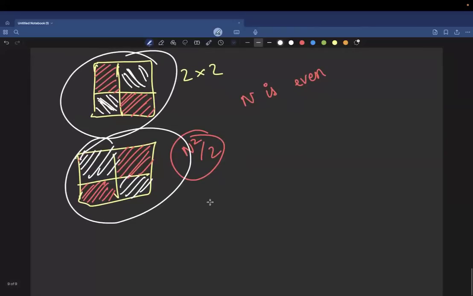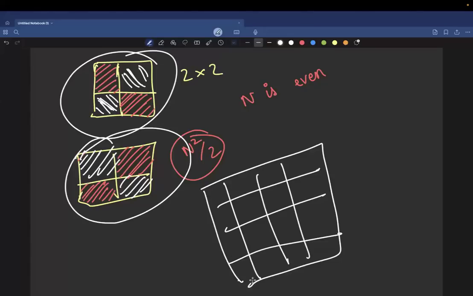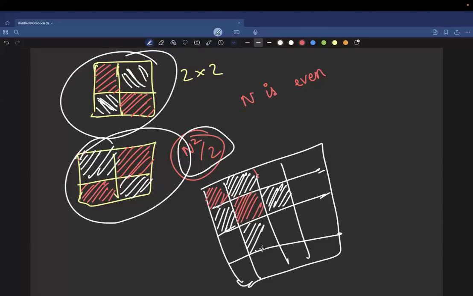Now my claim here is, even if you had a 4 by 4 chessboard, since you have to draw half of the cells in black color, let's say this corner is chosen to be black. In that case, you can't draw this one as black, you can't draw this one as black, you can draw this one, then you can't draw this one either.